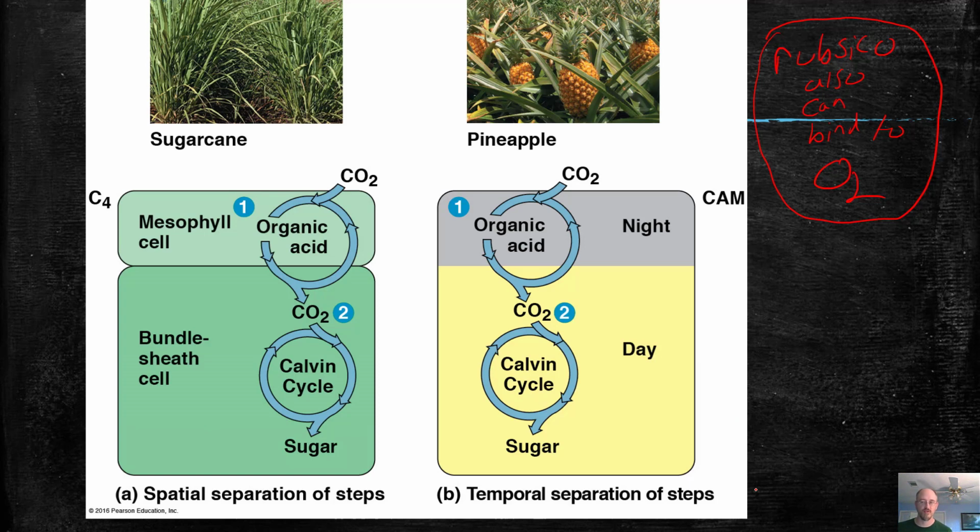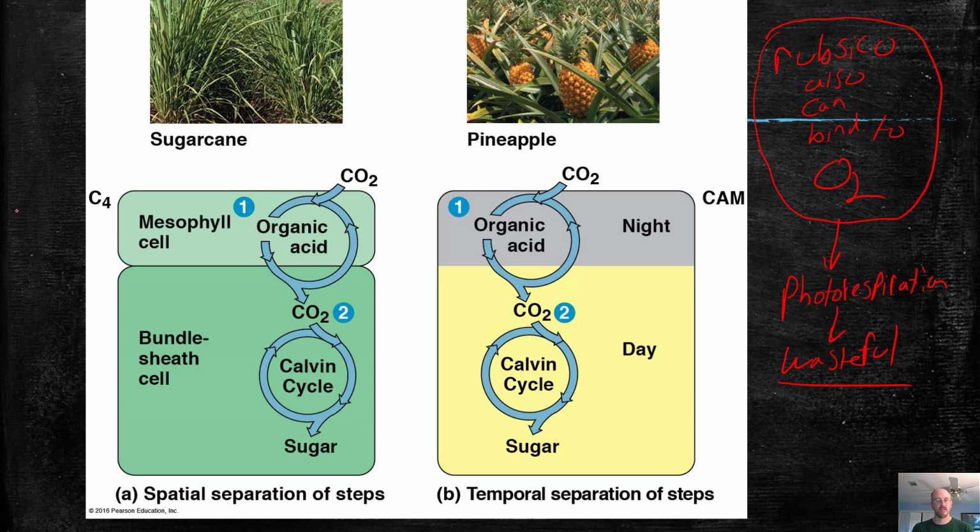It prefers CO2, but it can stick to oxygen, and when it does do that, a process occurs known as photorespiration. And this is wasteful. It's not good. It doesn't help the plant. It wastes energy, okay? So a few plants that live in hot environments have evolved ways to avoid photorespiration.